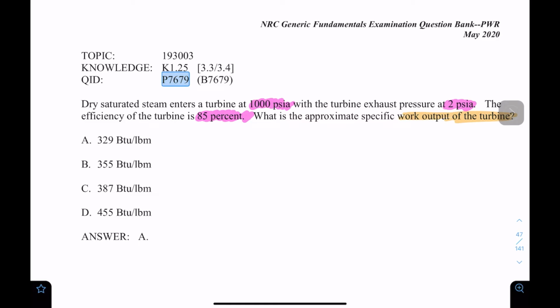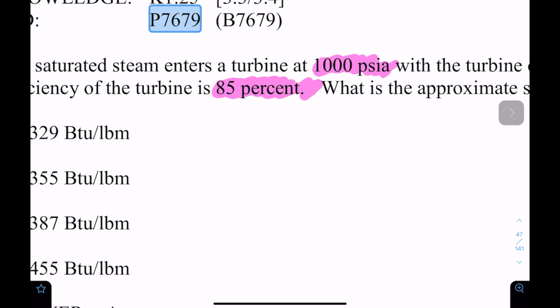Okay, this is the formula that we're going to use, and it's given. So this is efficiency equal to the enthalpy of steam minus the enthalpy of the exhaust.